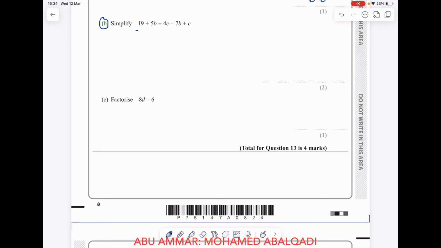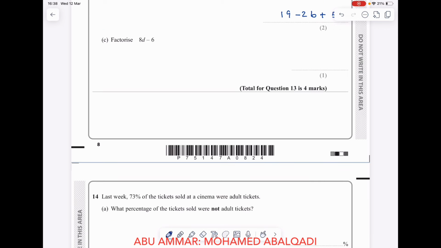So 19 plus 5b minus 7b, that will be minus 2b, and plus 4c plus c will be plus 5c. So the simplified equation will be 19 minus 2b plus 5c. 19 minus 2b plus 5c.